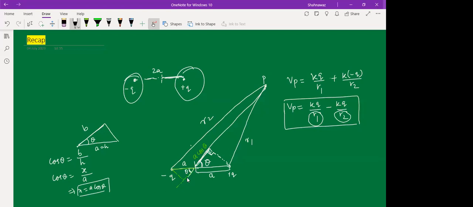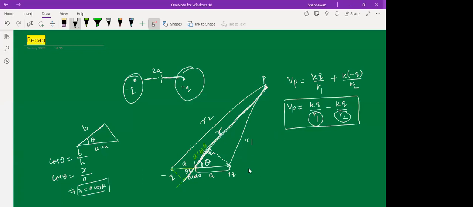So this would be again how much? A cos theta, right? And this total distance is R, from the point where we want to calculate the electric potential. So this is R.